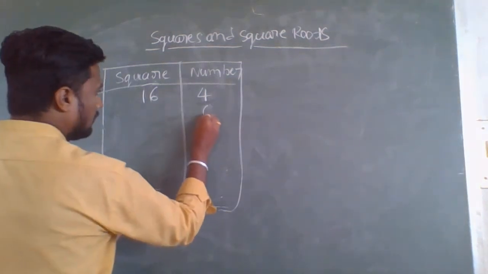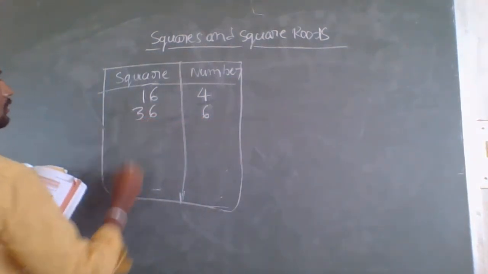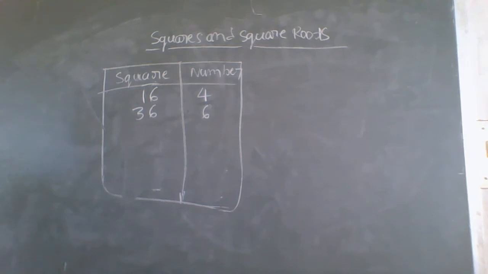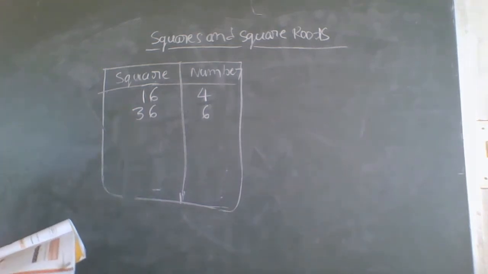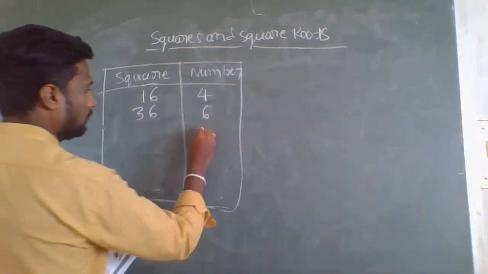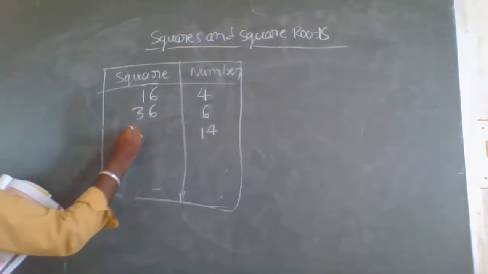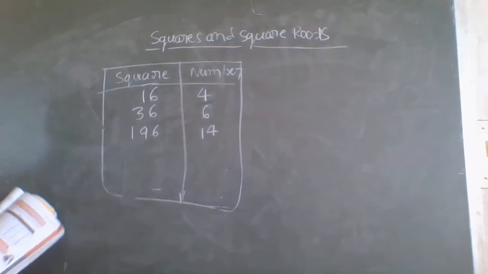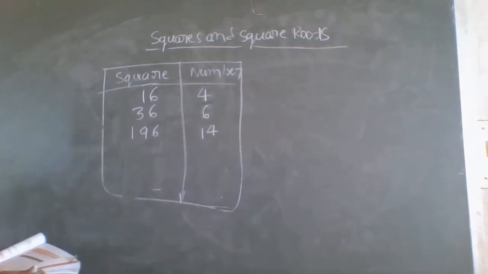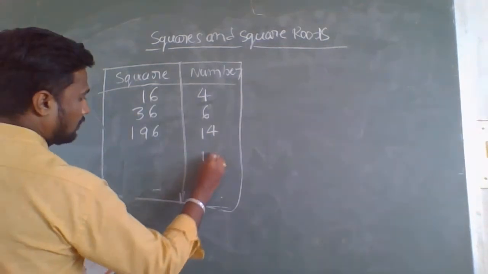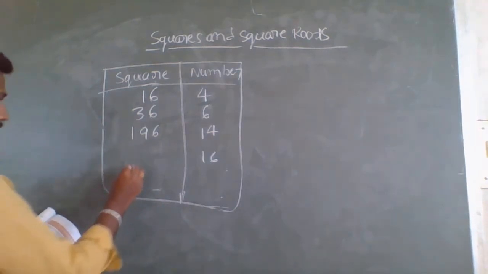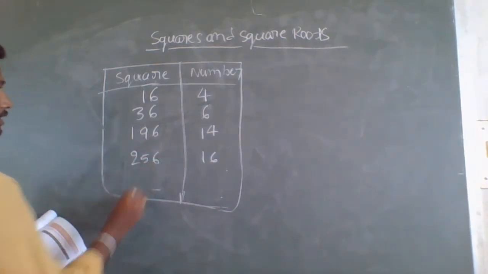Next 6. 6 into 6 is 36. Next one, 14. 14 square means what will you get? 196. Next 16. Again 16 means it is 256.